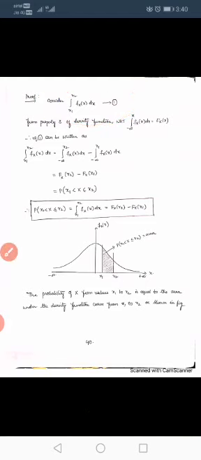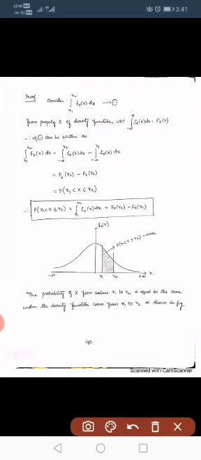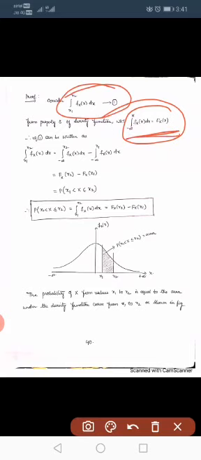Now from the property of the density function curve, we know that integration of minus infinity to x of fx of x dx is equal to the distribution function. According to this, we can write this as integral minus infinity to x2 fx of x dx minus integral minus infinity to x1 fx of x dx.